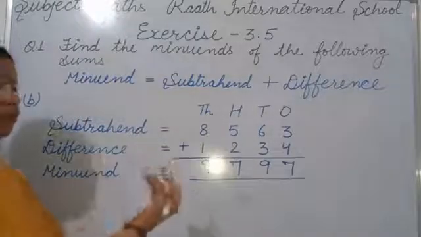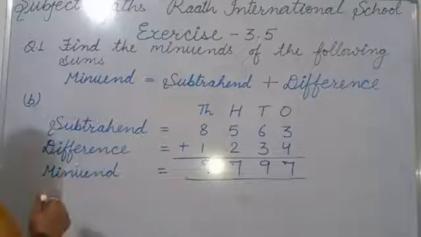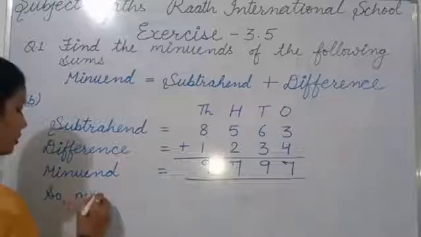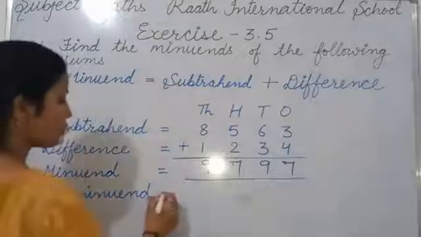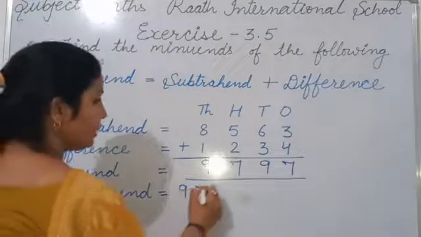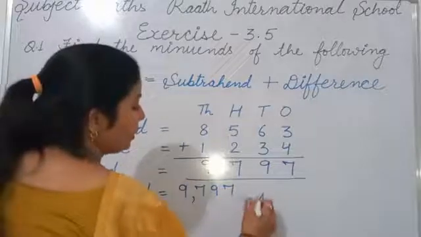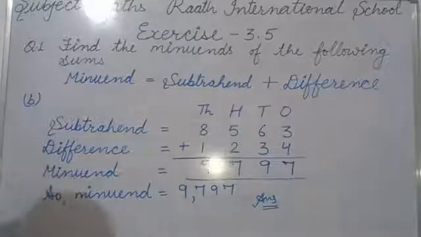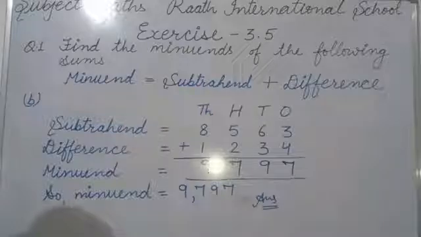If you want to put a comma, you can put it, otherwise you can leave it without a comma. So minuend equals 9,797. That's your answer. The same way you will do B part, I have done here. C and D parts you will do yourself, in the same manner.